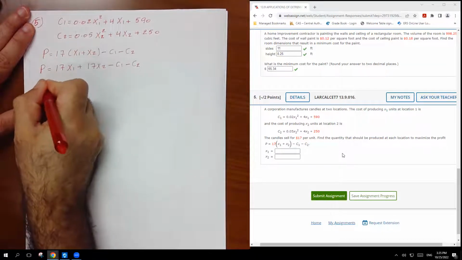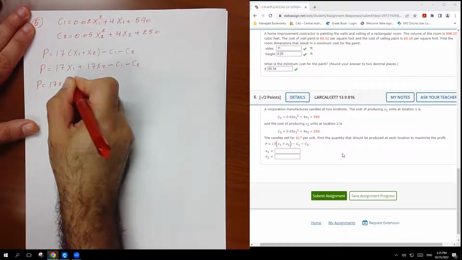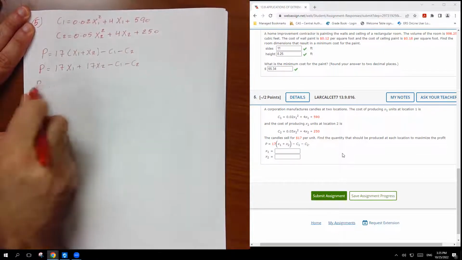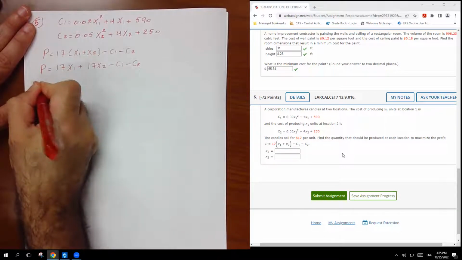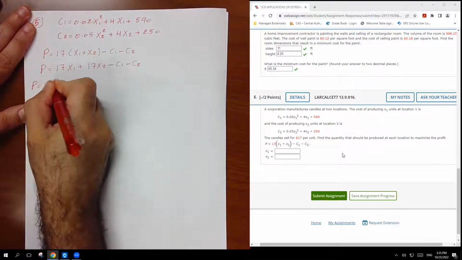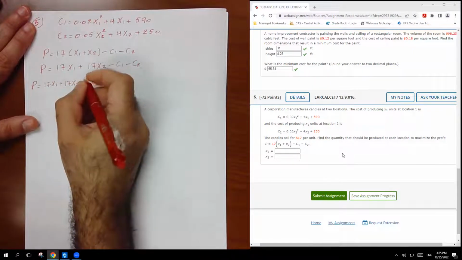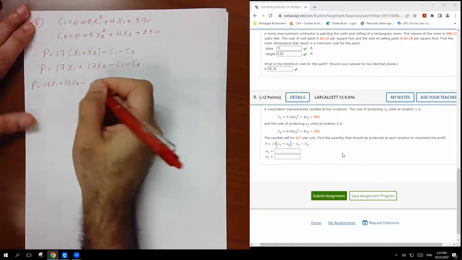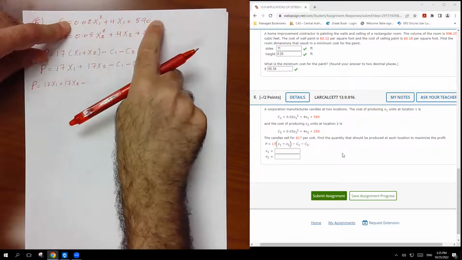So P is going to be equal 17x1 plus 17x2 minus C1. Be careful because the negative sign is going to be distributed on all of C1.